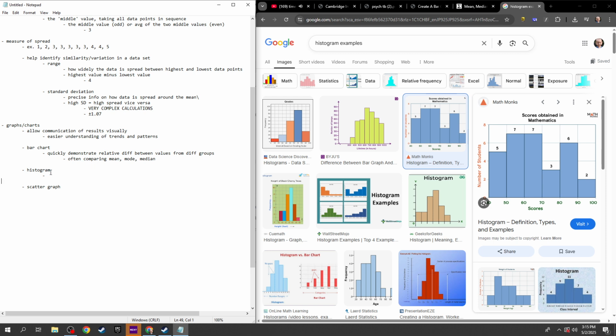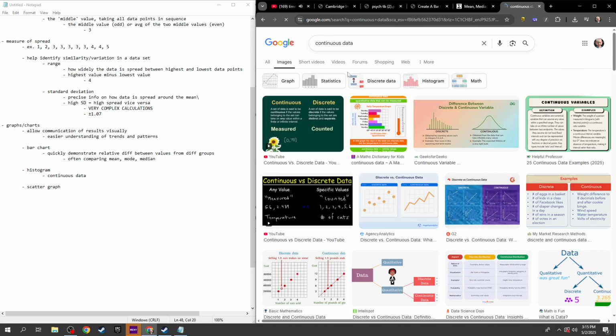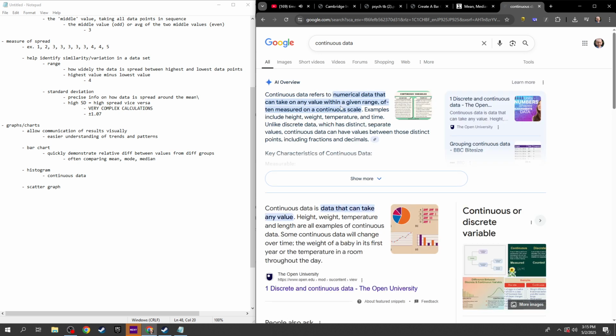So histogram is used for continuous data. What is continuous data? They kind of explained it in a weird way. It's continuous versus discrete, by the way, I forgot. It's not continuous versus non-continuous. So numerical data that can take on any value within a given range. So that is a good one. That's basically what mine is, right?